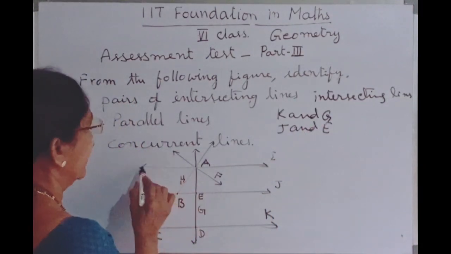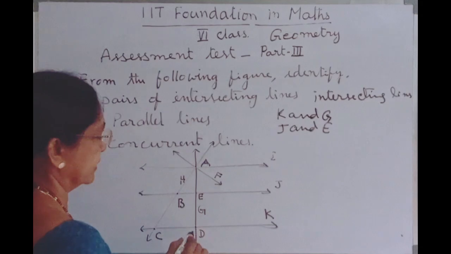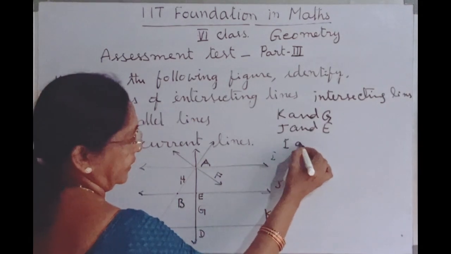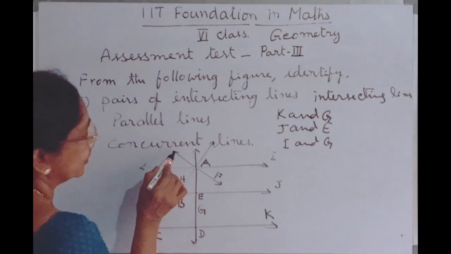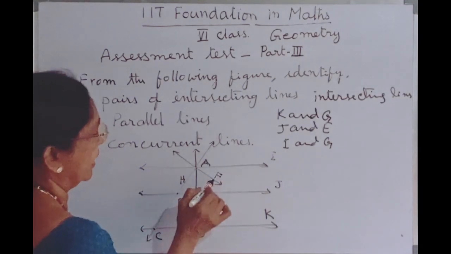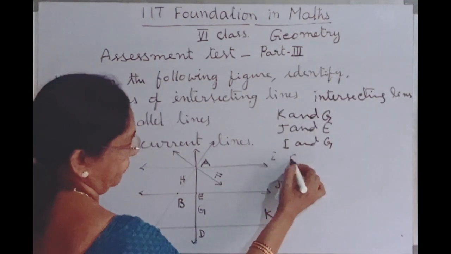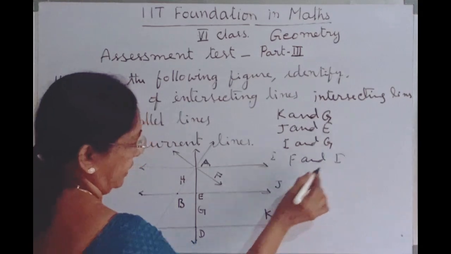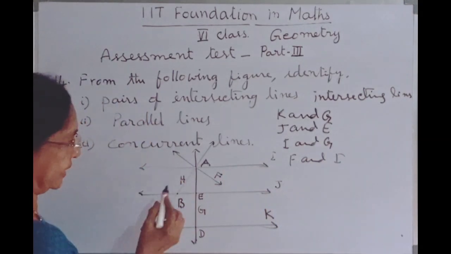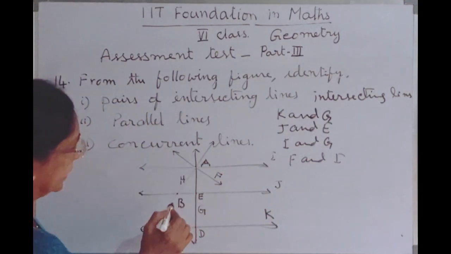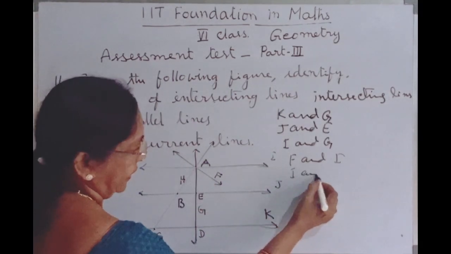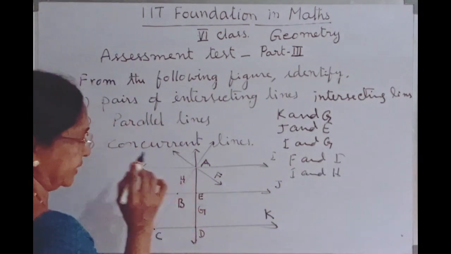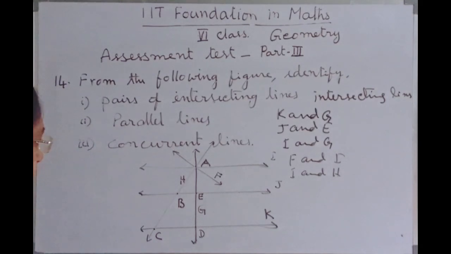Here also this line I and G are intersecting, and also this line F and I are also intersecting. F and I are intersecting, and this line H and I are also intersecting at this point.